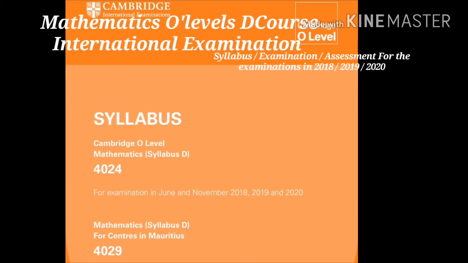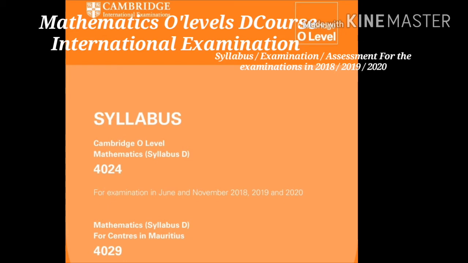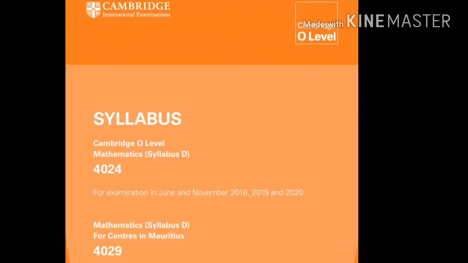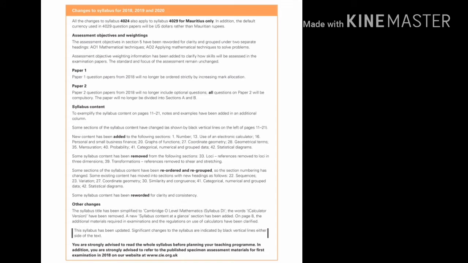The International Code of Cambridge for O-Levels Mathematics is 4024, except in Mauritius, where it is 4029. You can download this syllabus document from the official website of Cambridge.